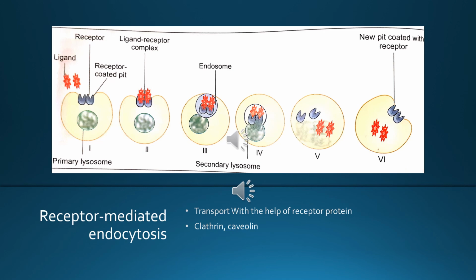The macromolecules which are transported by this mechanism are hormones like growth hormone, thyroid stimulating hormone, luteinizing hormone, prolactin, insulin, glucagon, etc. Lipids, growth factors, toxins and bacteria, viruses, antibodies, IgE, IgG, maternal IgG, etc.